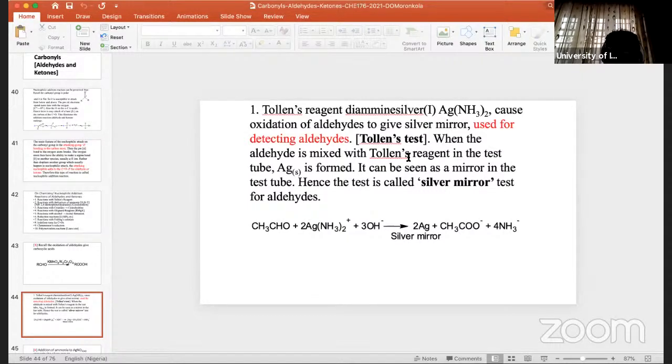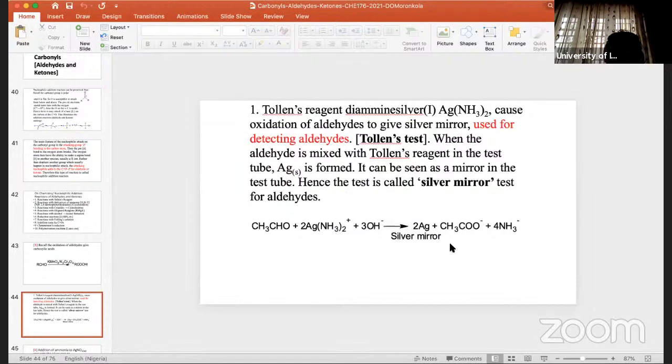On the wall of the test tube, you have the silver being deposited, and you can see the glittering mirror effect. That is what confirms it's an aldehyde, and that is what is responsible for it being called the silver mirror test, specifically for aldehydes.